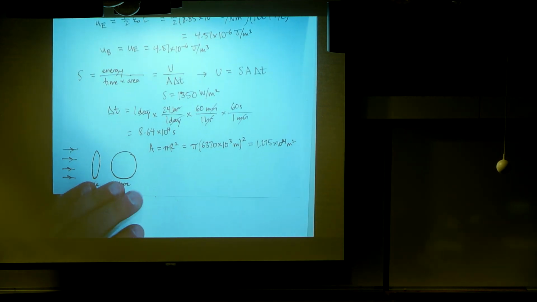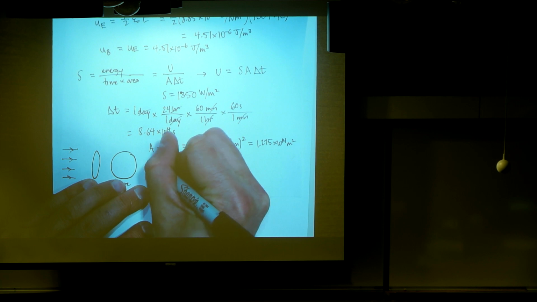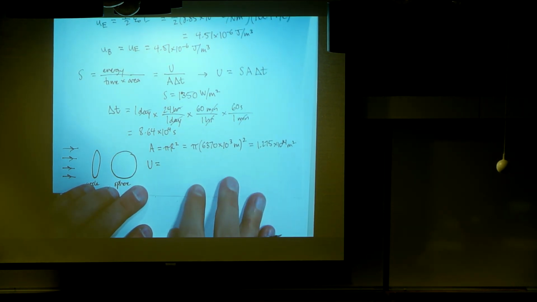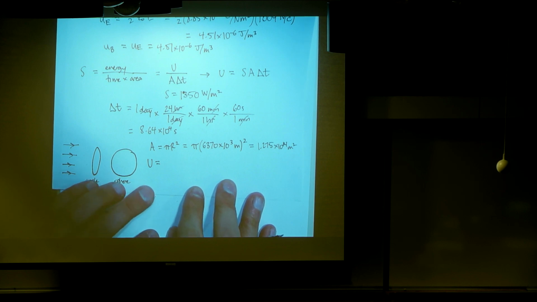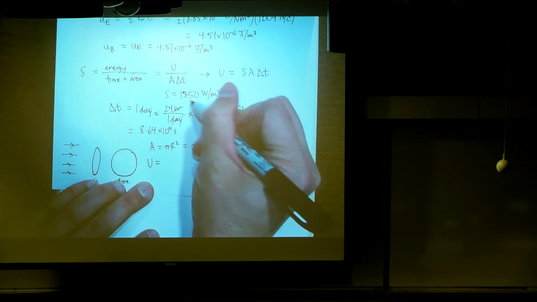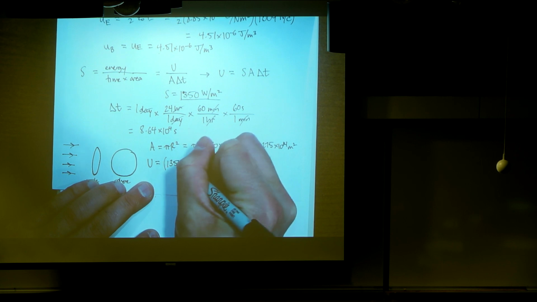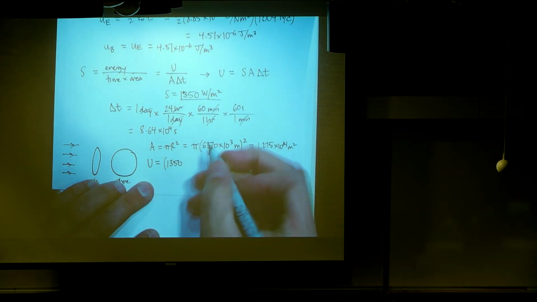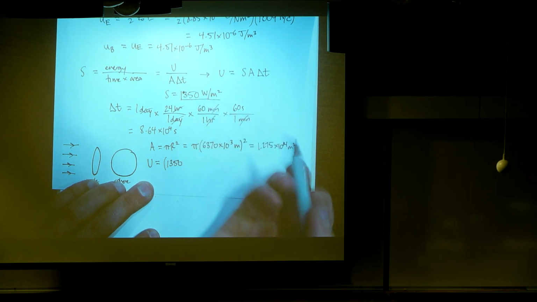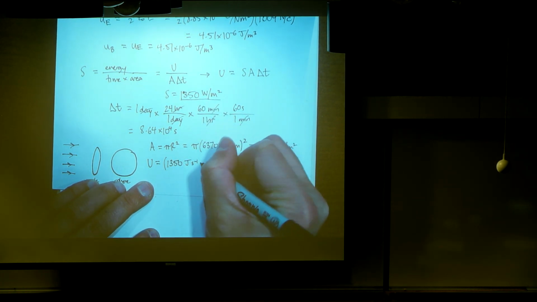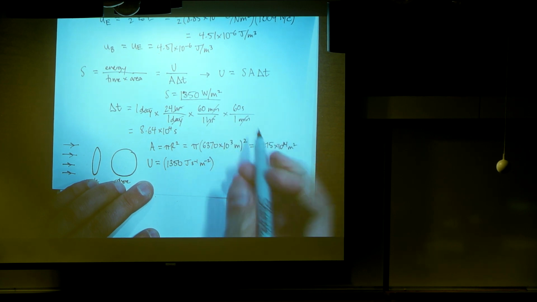All right, so now we're ready to calculate the total energy that is hitting the earth, okay? So that's going to be S, which is this value right here. It's 1,350 watts per square meter, or because a watt is a joule per second, I'm going to write this as joules per second per square meter.